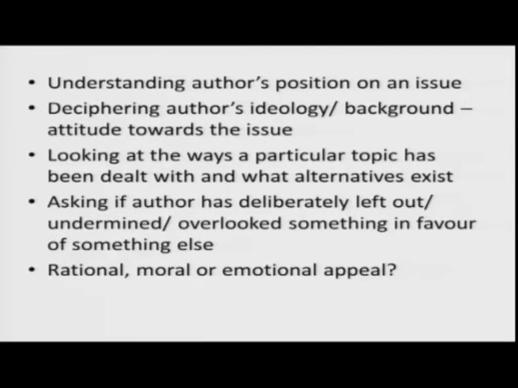The question is, has the author cited only those which support the theory and left out many obvious example studies which actually support the opposite of the theory? Then we also ask what kind of line of argument the author is developing. Is it rational, moral or emotional appeal?